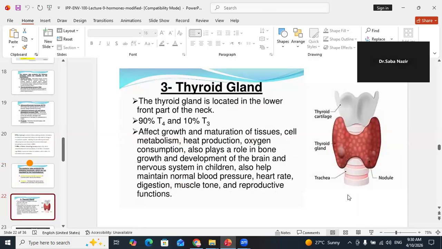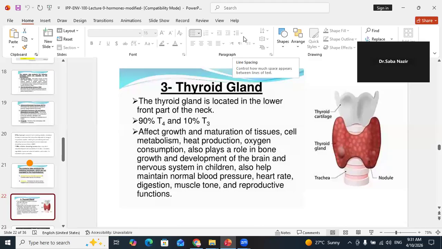This butterfly shaped structure, right? This is the thyroid gland, and it produces two different types of hormones. One is T4, the other is T3. It's a ratio of 90% to 10%.